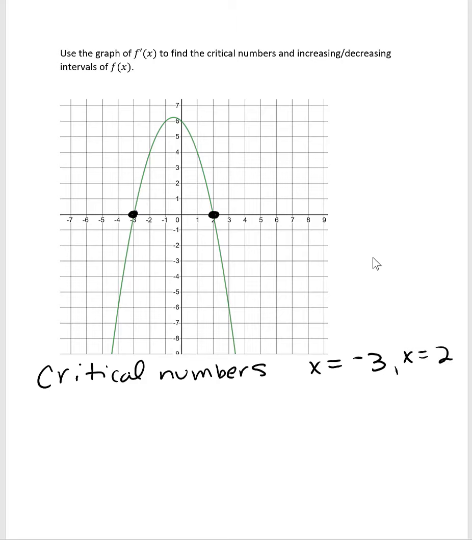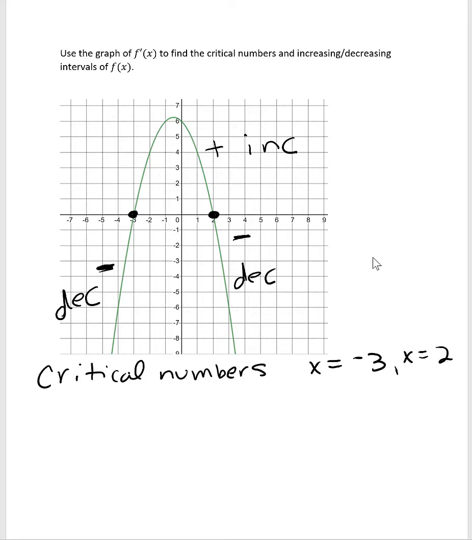Okay, what do the critical numbers do? It shows me where the function changes from increasing to decreasing or decreasing to increasing. Well, when I look at the graph, it started off below the x-axis, so it was negative. That means it was decreasing. And then it pops up and it's positive for a while, so that means it'll be increasing. And then it goes back down under the x-axis, so that's negative and that's decreasing again.